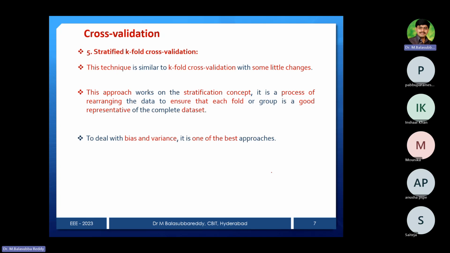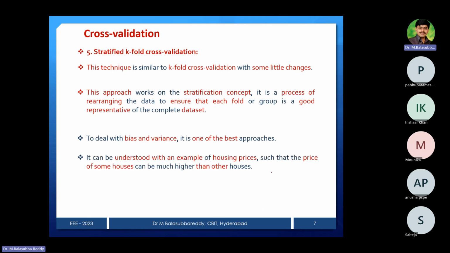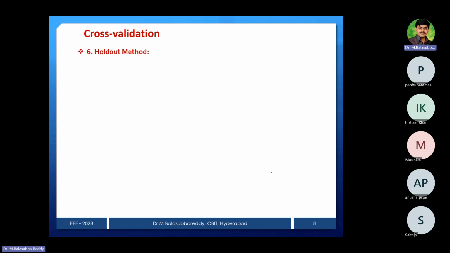It deals with bias and variance and is one of the best approaches. Understand it with the example of housing prices, where the price of some houses can be much higher than other houses. So we can easily use this approach to tackle such a situation, using this type of cross validation.